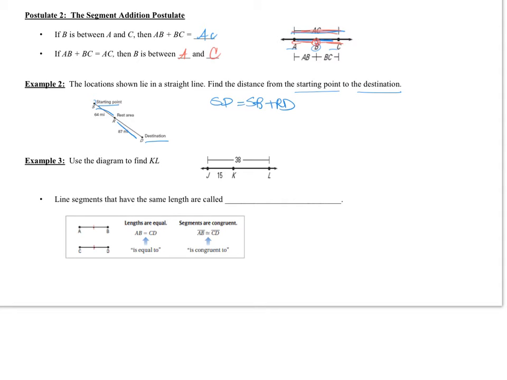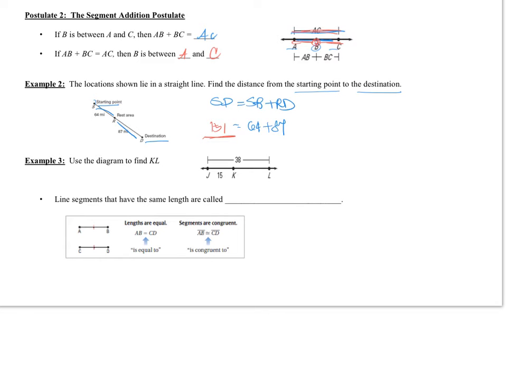Then we know that SR equals 64 miles and RD equals 87 miles. Therefore, SD must equal 151 miles. So that's your answer.